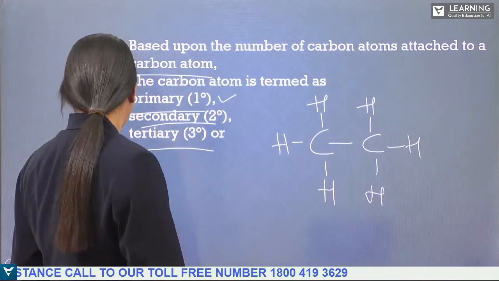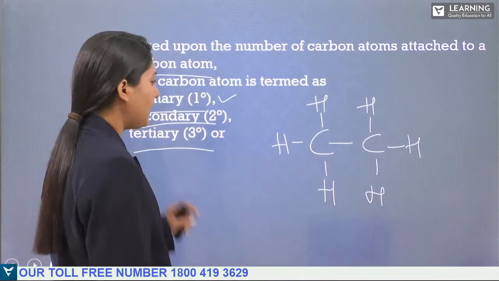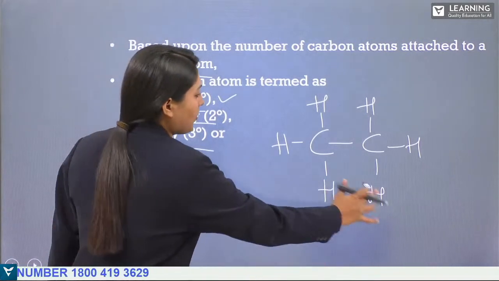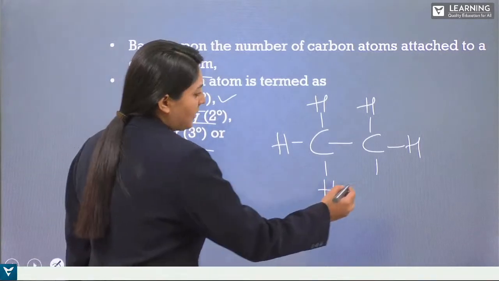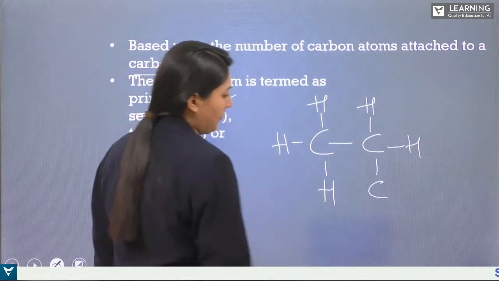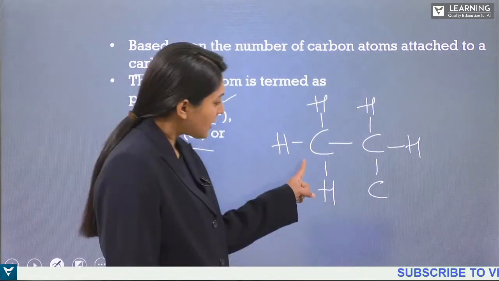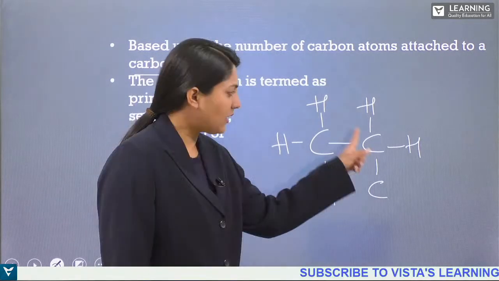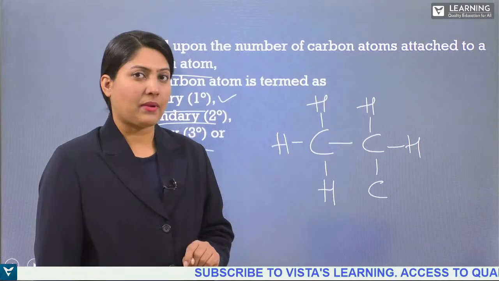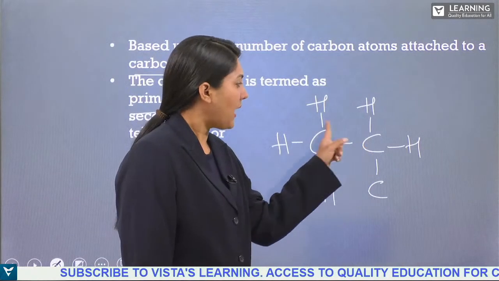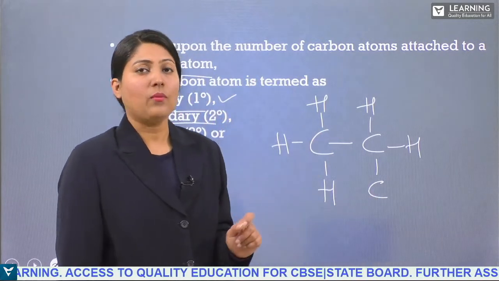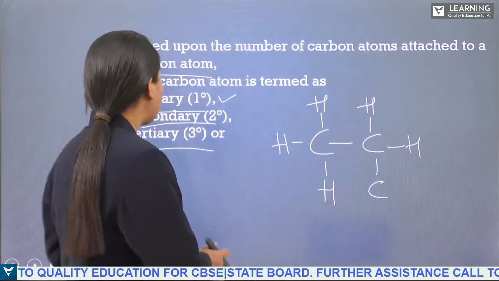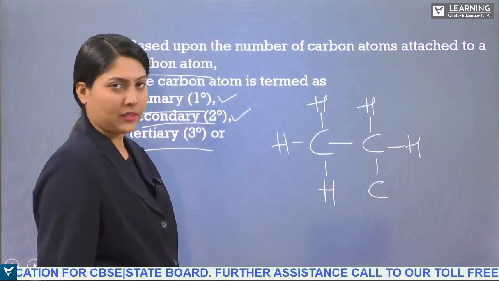Got it? If I want a secondary carbon atom, I can remove one more hydrogen and add a carbon over here. So the first carbon has only one carbon-carbon bond, so that is primary. But the second carbon will have 2 carbon atoms attached to it, so now this becomes the secondary carbon atom.